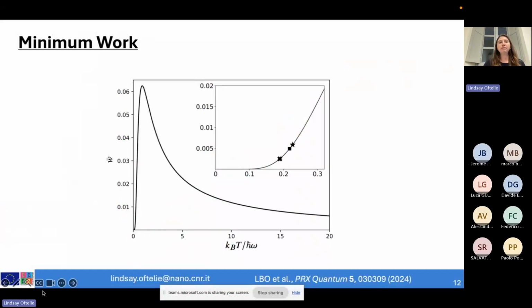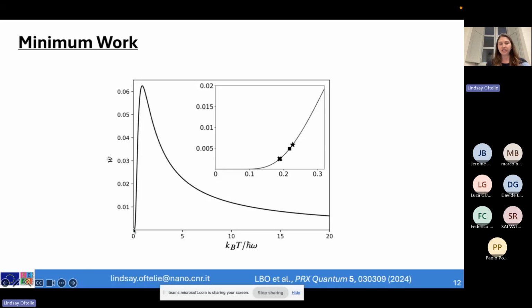Furthermore, we looked at the minimum amount of work per qubit required for dynamic cooling, and we found that dynamic cooling is also much more efficient, meaning it uses less work in the low temperature regime.